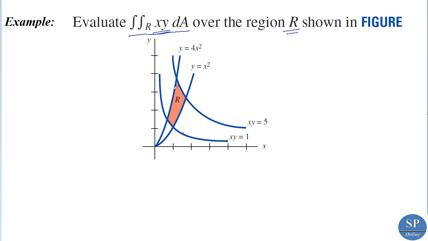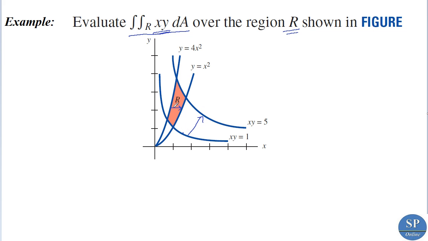Here the region R is bounded by these four curves. One curve is xy equal to 1, and the second curve is xy equal to 5. The third curve is y equal to x square, and the last one is y equal to 4x square. So our region is bounded by these two curves and these two curves, right?